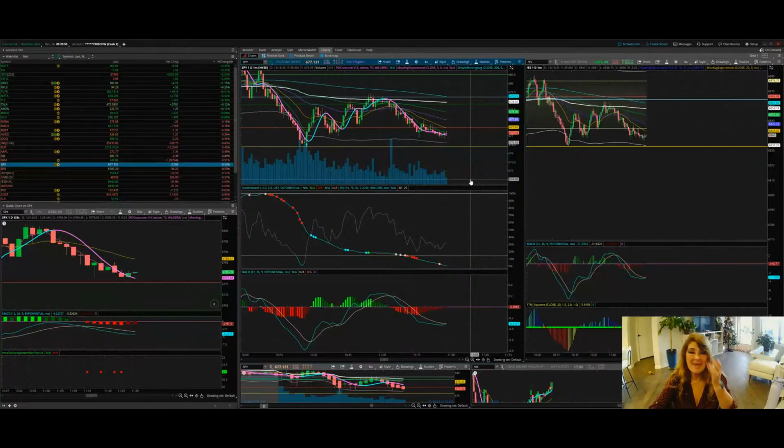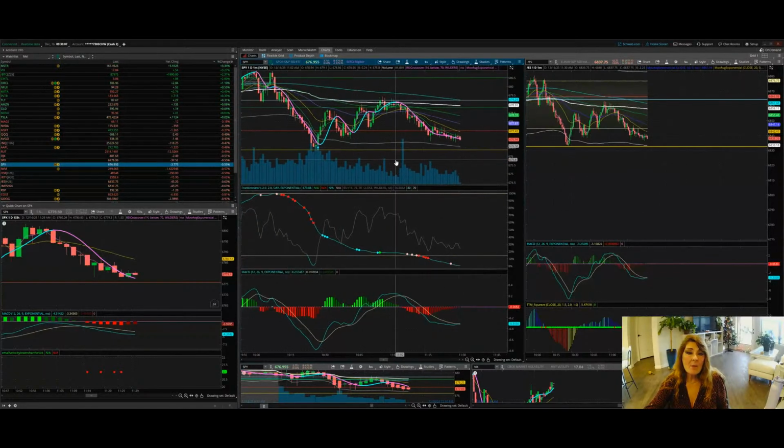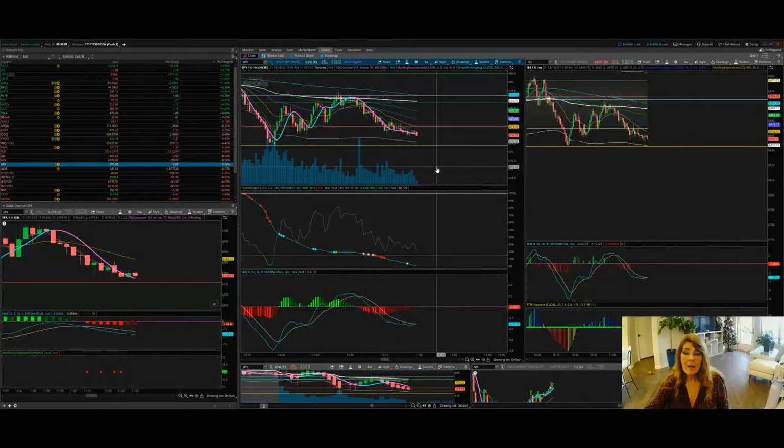And I have a saying, and it's called trade like water. We are going to watch the charts. We're going to pivot when we need to. We're going to go where the charts tell us to go, just like water takes the path of least resistance. That's my motto in trading because I'm a scalper. I'm a day trader. I'm not buying and holding.